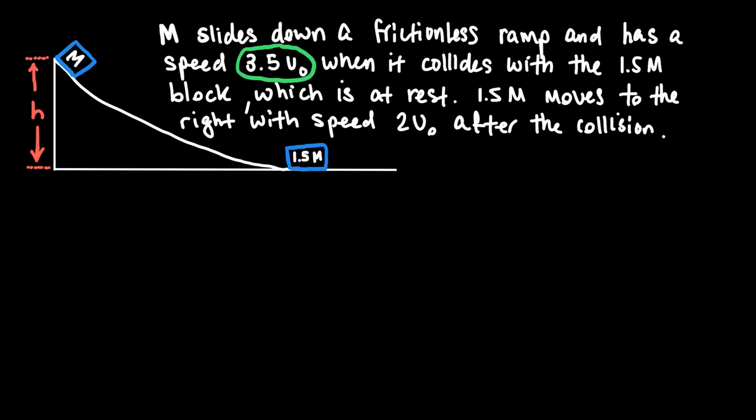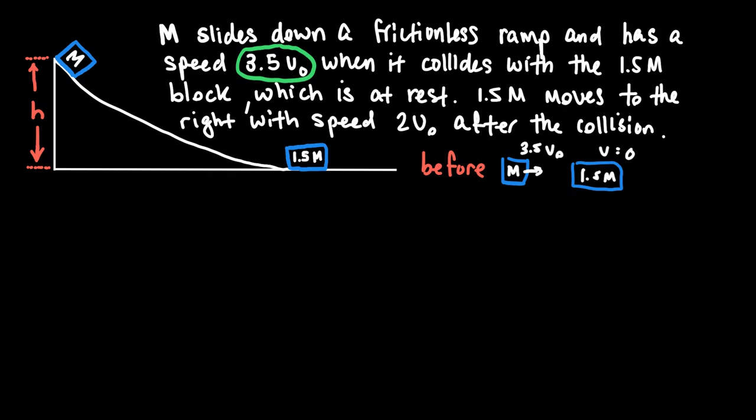So I'm going to draw a little picture here, which is before the collision. Before the collision, we have the block with mass m, which is moving to the right with a speed of 3.5 v0, and the block with mass 1.5 m has no speed, v equals 0.